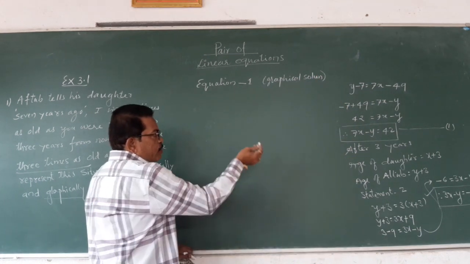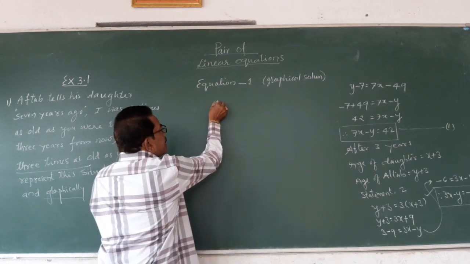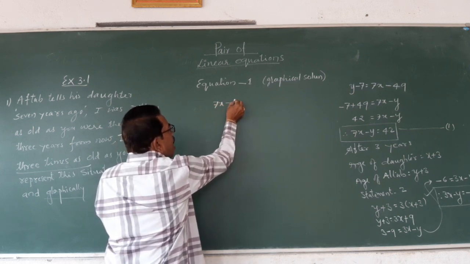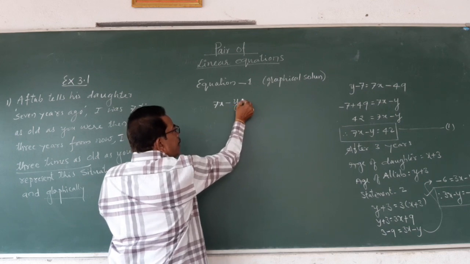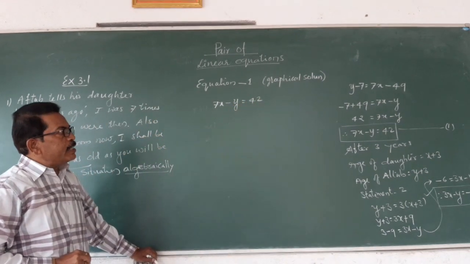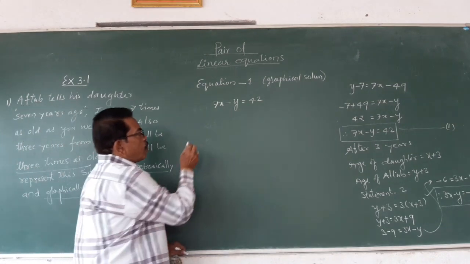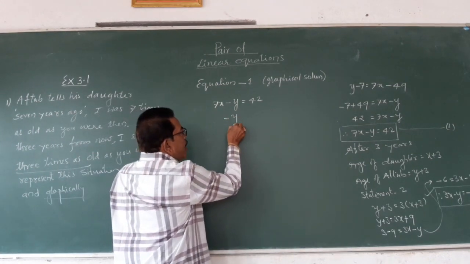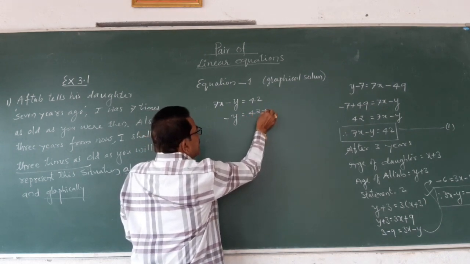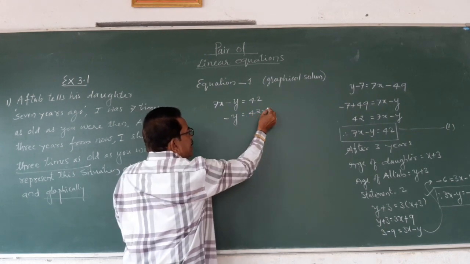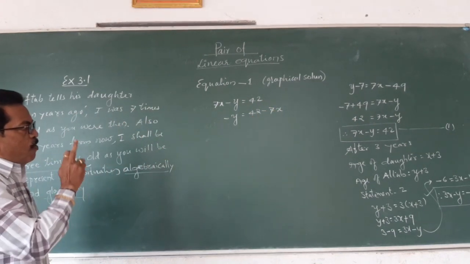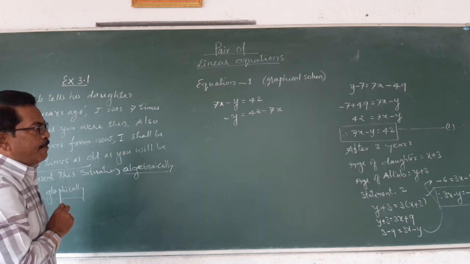Equation 1. Which one is the equation? 7x minus y equals 42. So, minus y equals 42 minus 7x.